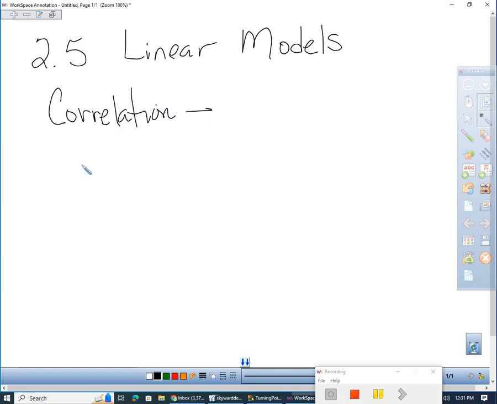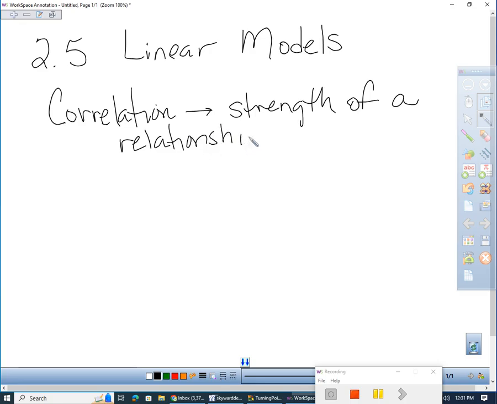All right, correlation is the strength of a relationship between X and Y values.